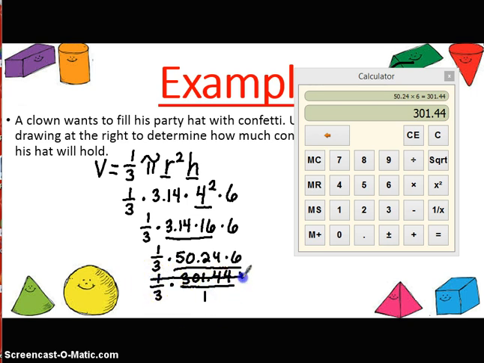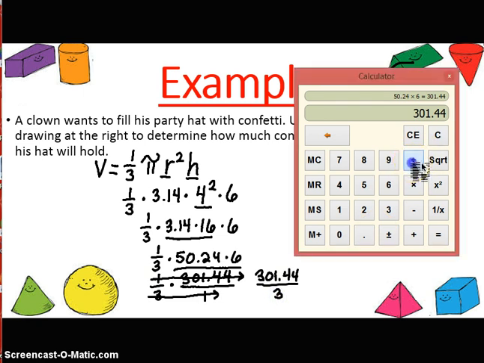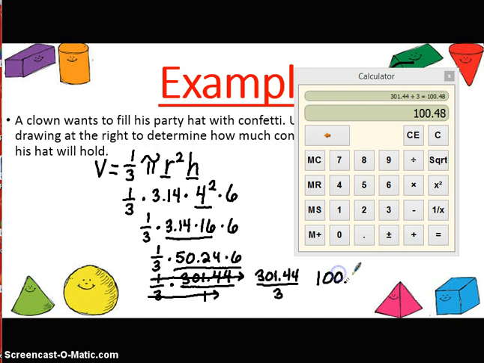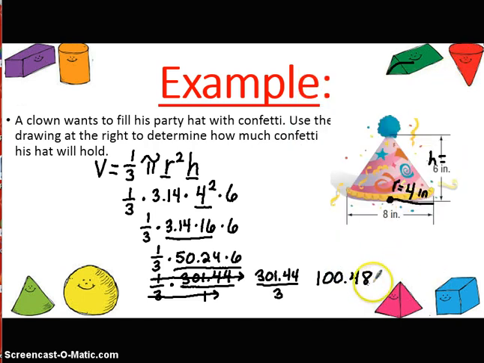So we multiply straight across, we get 301.44 over 3, which is really division. So take 301.44 divided by 3, and we get 100.48. So the volume of this party hat is 100.48 cubic inches.